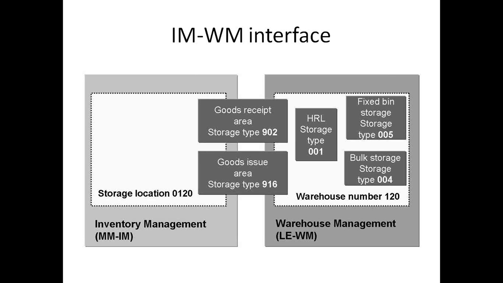And in WM, what kind of process has to happen? For the 101 movement type, we assign a 101 movement type in WM as well, and whenever this 101 is triggered, you store that particular stock in an in-transit area, which you call a source area or something. So whenever you create a 101, it will hold the material somewhere else.